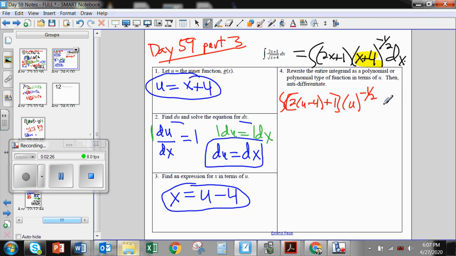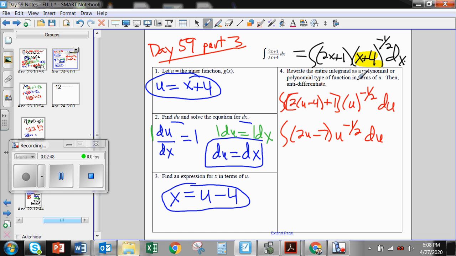That was nice. And then we knew du equals dx. Okay, next step, I gotta simplify. So inside 2u, and 2 times negative 4 is negative 8 plus 1 is negative 7. And we still have our u to the negative 1 half.